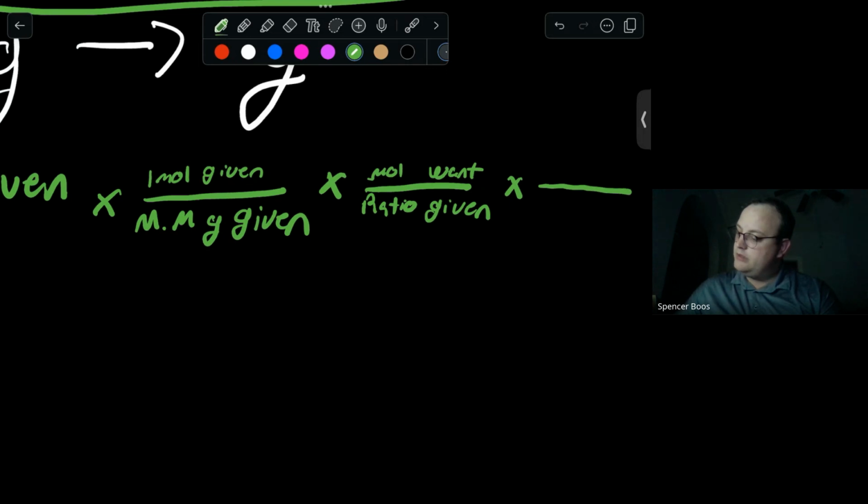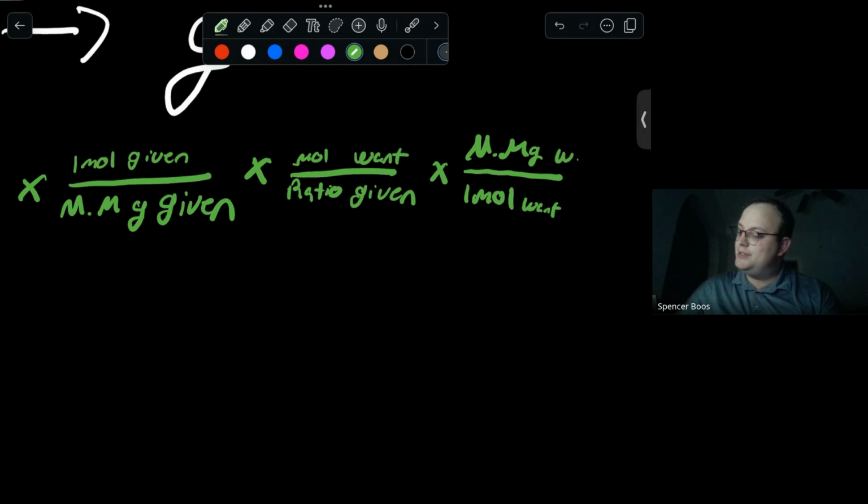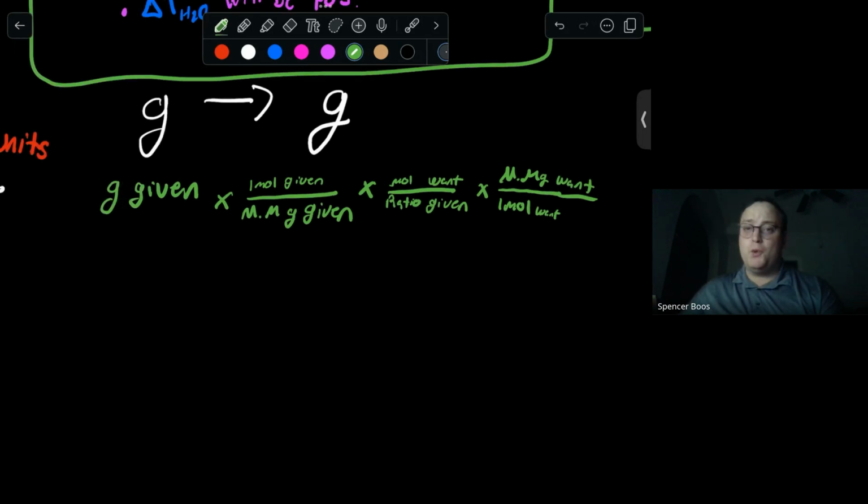Finally, you do 1 mole on bottom of your want, and then we have your molar mass of your want in grams. Doing these 4-ish steps, we get our answer in grams of your want.